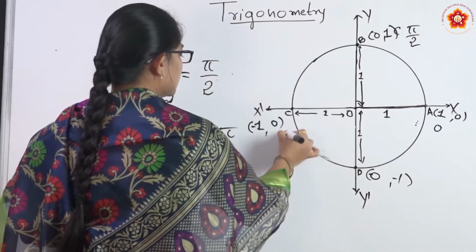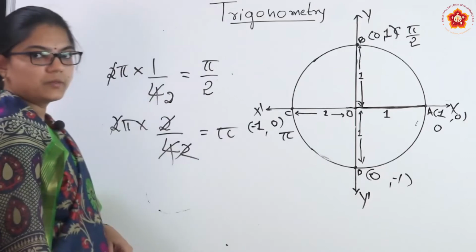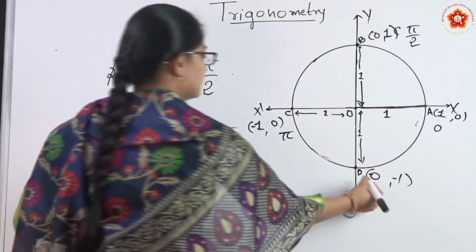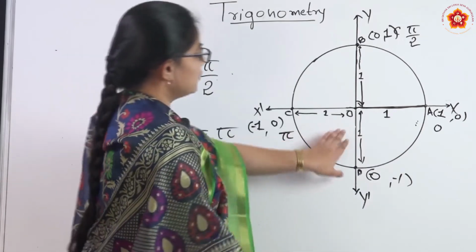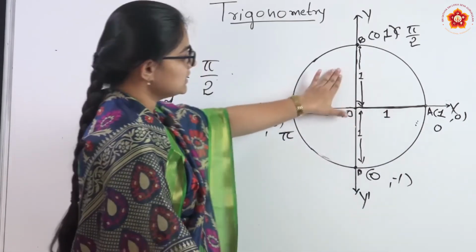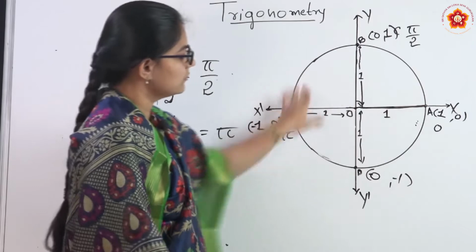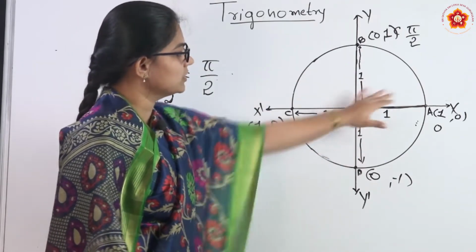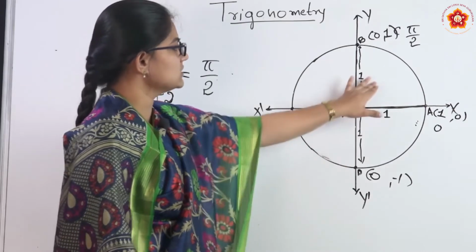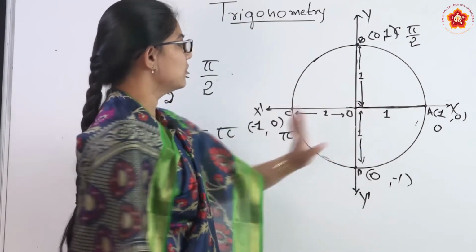So at C we can consider the angle pi. Next, at D what is the angle? For D you have to consider these three parts, right? From here to here. So it covers 3 parts out of the 4 parts, right?